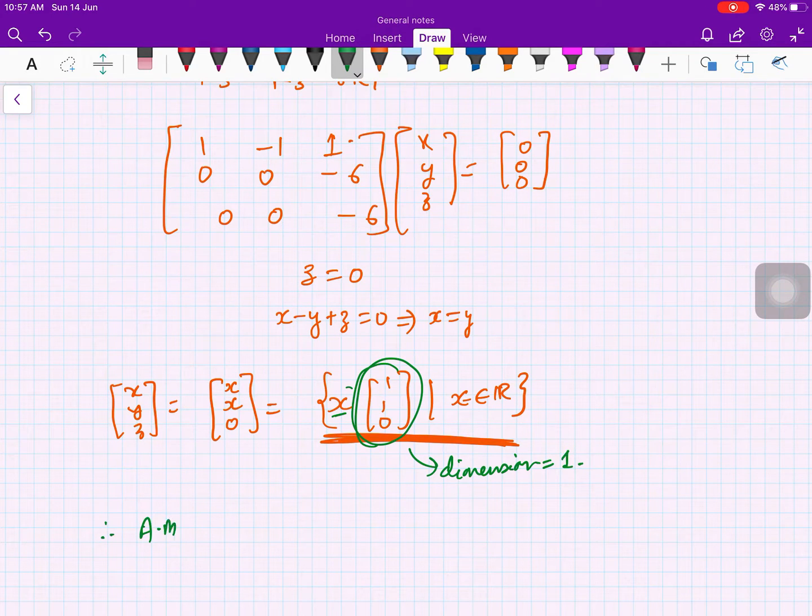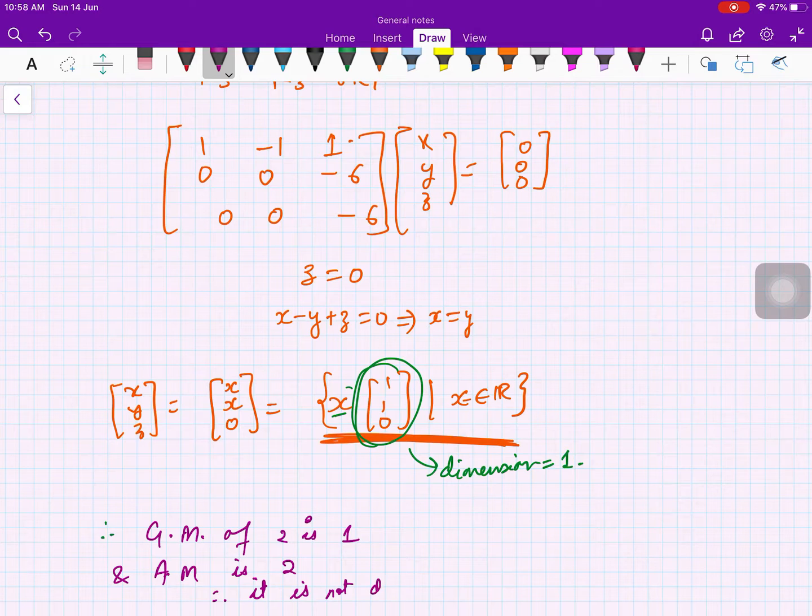Therefore, the geometric multiplicity of 2 is 1 and its algebraic multiplicity is 2. Therefore, it is not a diagonalizable matrix.